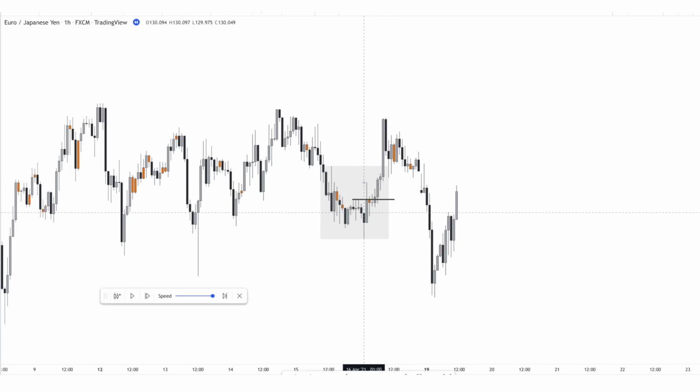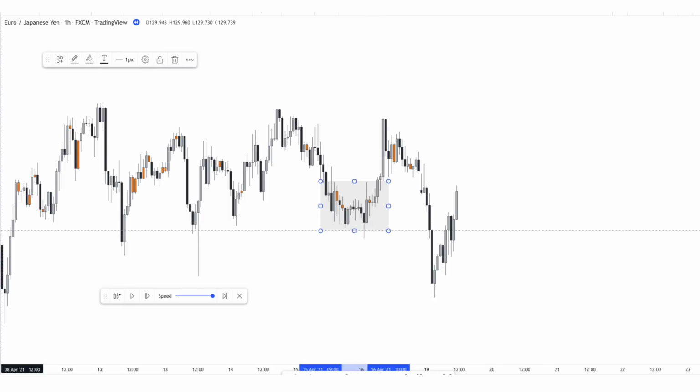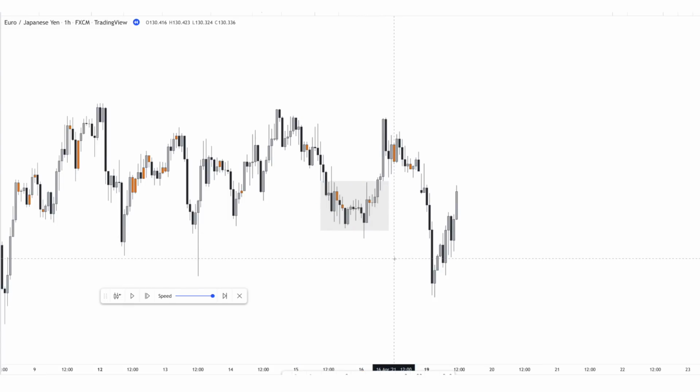I prefer body breaks. They help me feel a bit more confident and showcase a little bit more momentum to a direction. So when I see a descending channel and then a wick break and then small candles to fill that wick or that mini range, it's more low probability in my opinion from what I've been testing in the past.